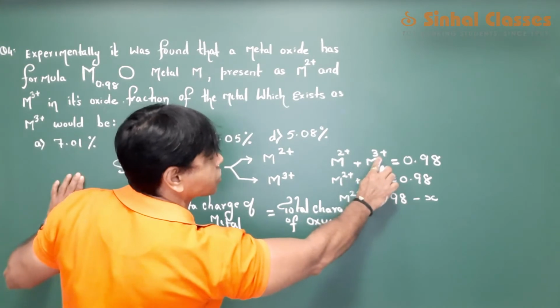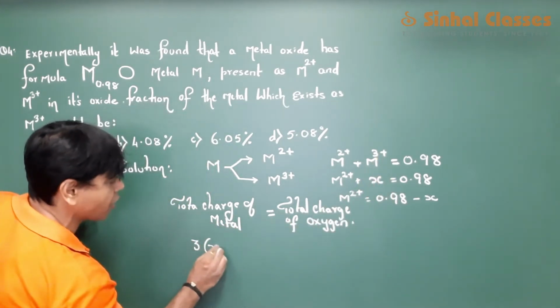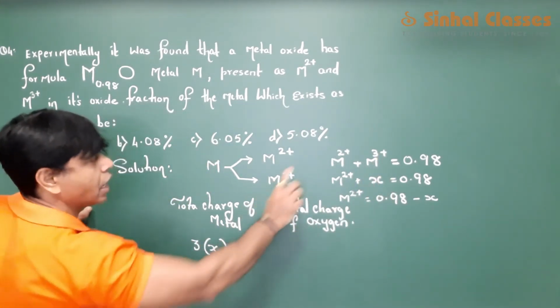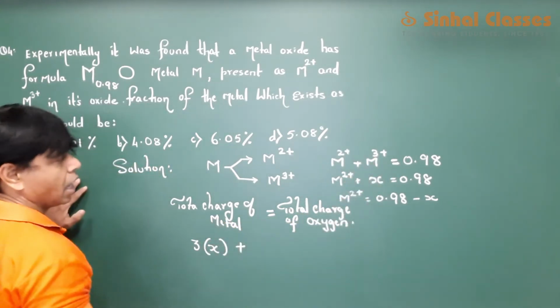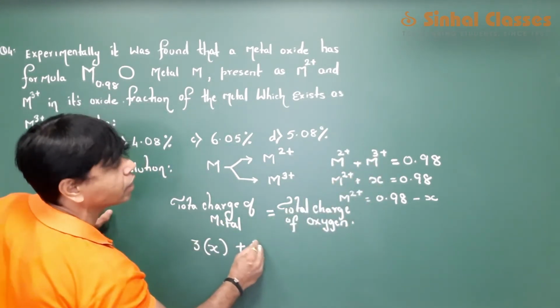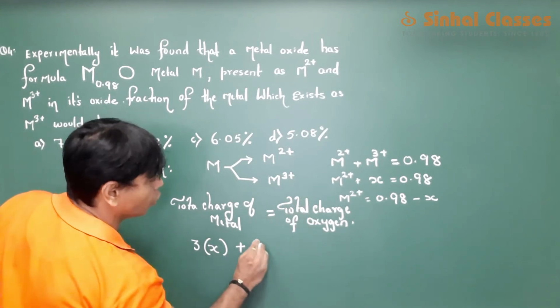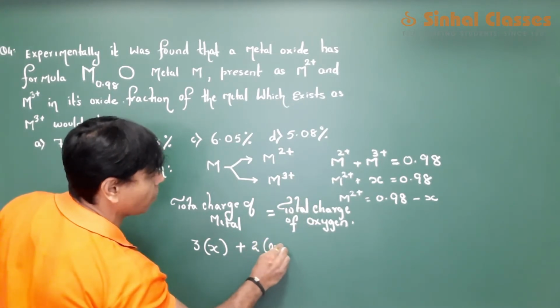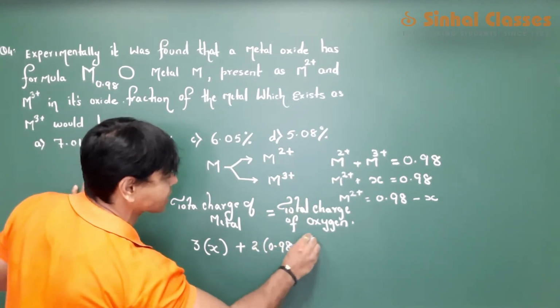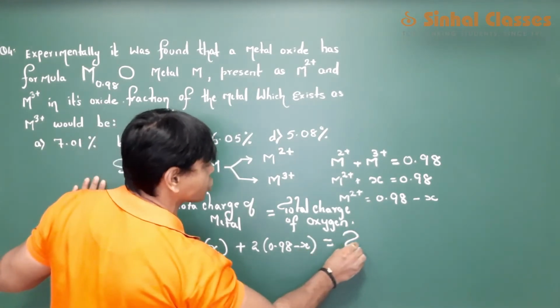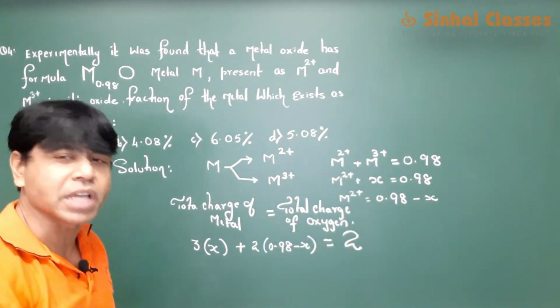In this case the charge is 3 plus now, so we multiply 3 into X will be the charge of M3 plus, and the charge of M2 will be 2 into 0.98 minus X, and the charge of oxygen is 2. So both the charges are equal.